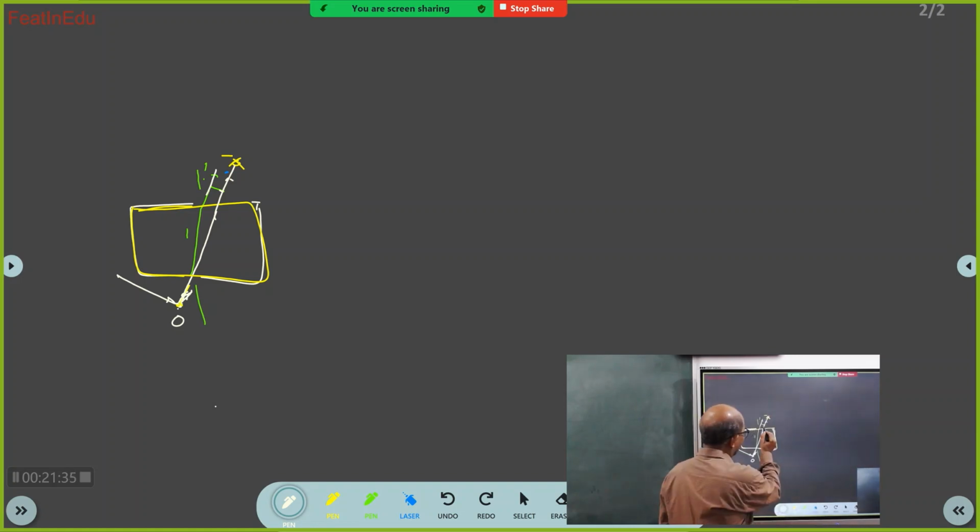This emergent ray shifted its position. So the amount of shift is called the lateral shift.